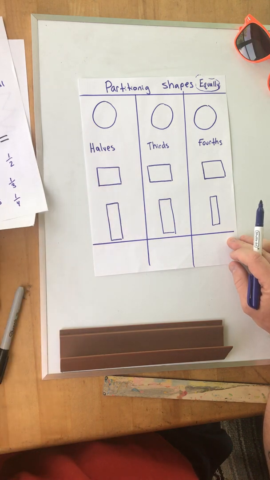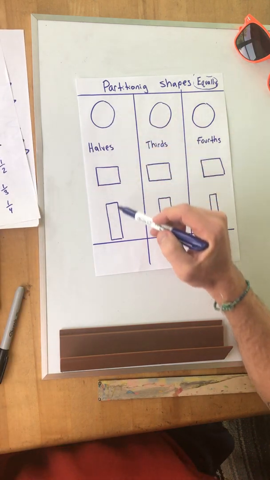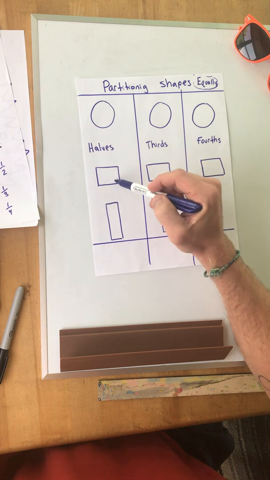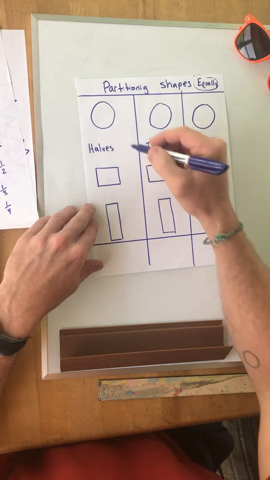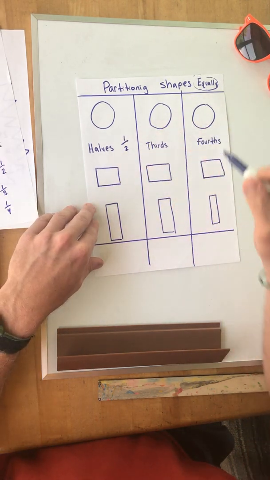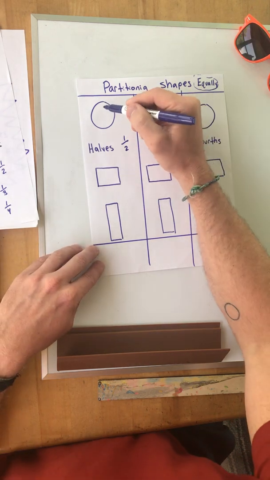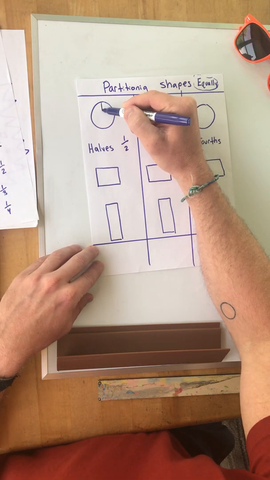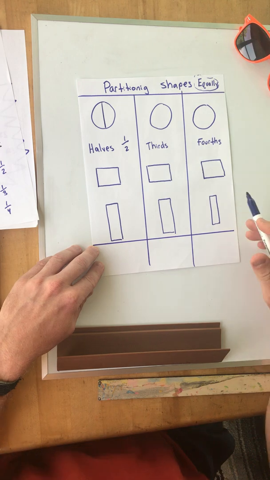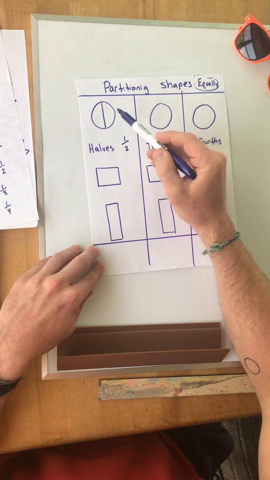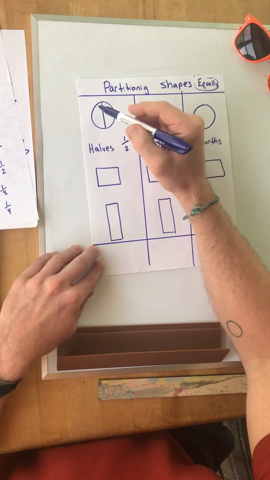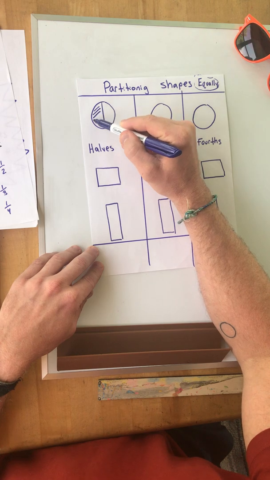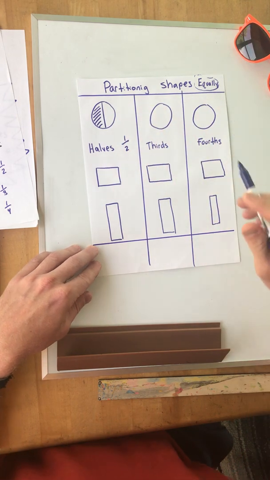Halves. This whole column, we're going to divide these 3 shapes into halves. One line to divide into 2 equal parts. And then I'm going to shade one of those parts.